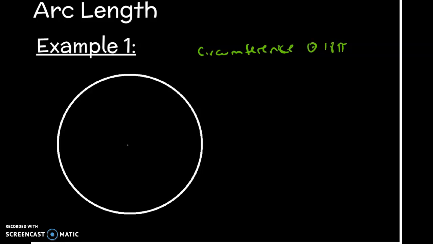And we're also given the information that the central angle is going to be 20 degrees. So central angle is going to be 20 degrees. And so what that would look like here, obviously the circumference is the perimeter, so all the way around the circle, okay? And we're going to just draw in an angle of 20 degrees.